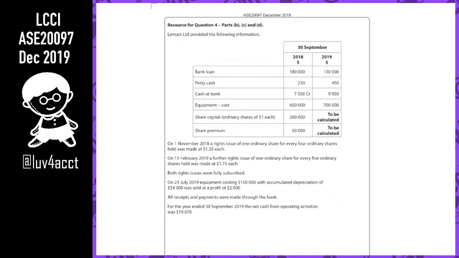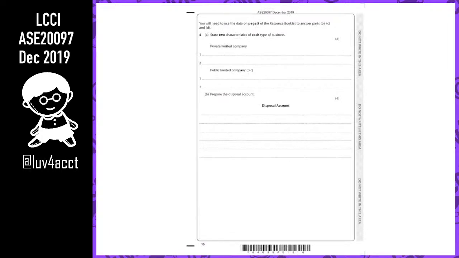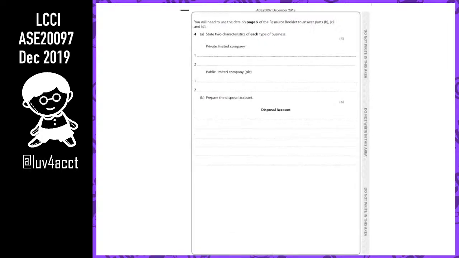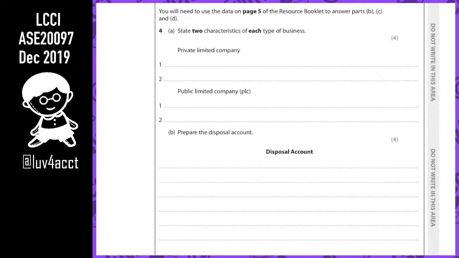So these two are cash and cash equivalent. Equipment at cost, opening and closing balance, share capital, opening, share premium, opening, and we have to calculate the closing. So some items, and then we have to work on some description questions first.